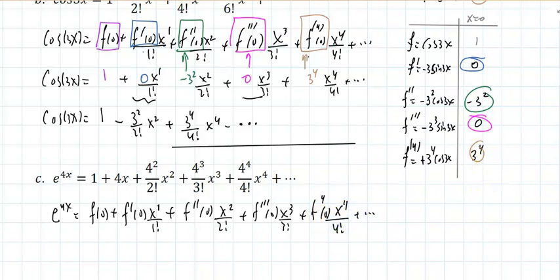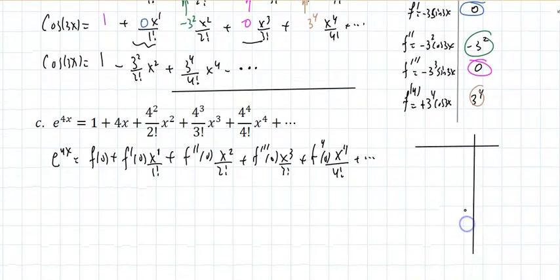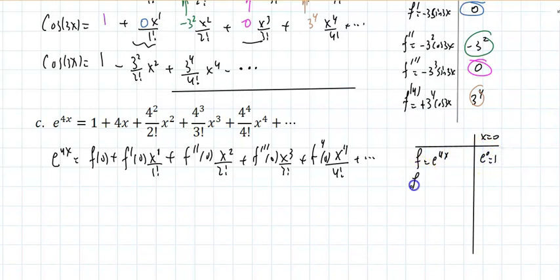So if I make my table, here we are. f is e to the 4x. At x equals 0, e to the 0 is 1. A derivative will be 4e to the 4x.